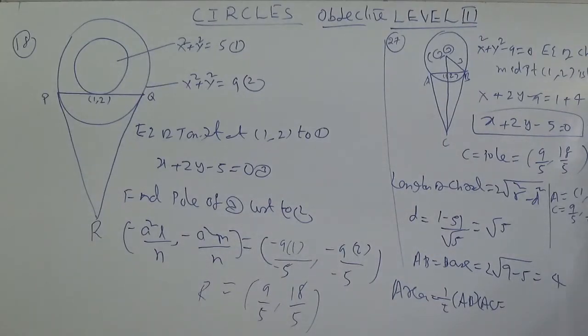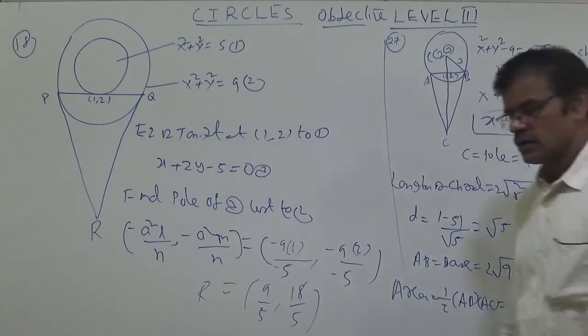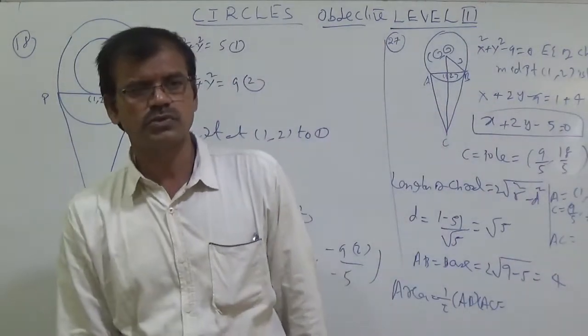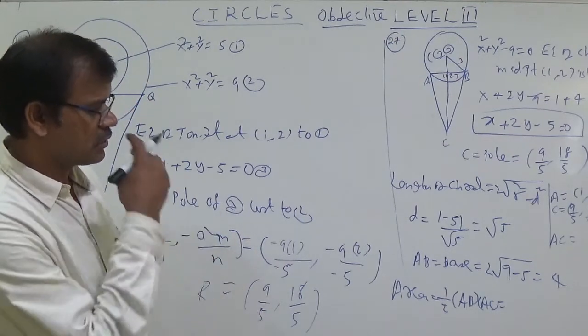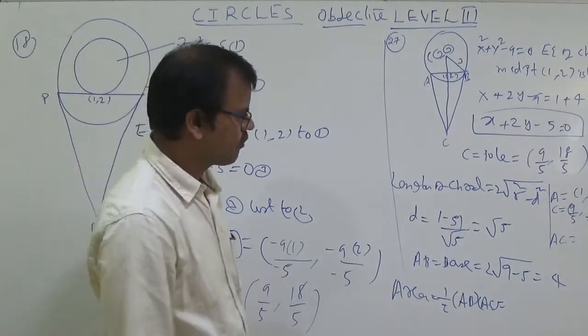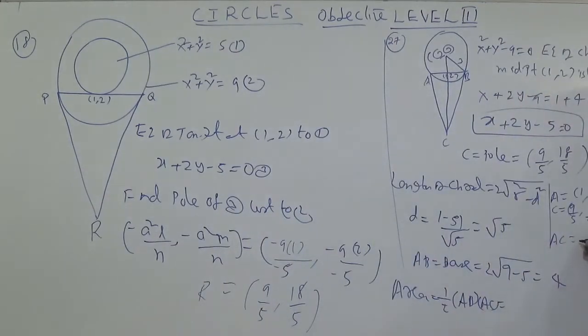The distance AC is equal to the square root of 9 by 5 minus 1 whole square plus 8 by 5 minus 2 whole square.